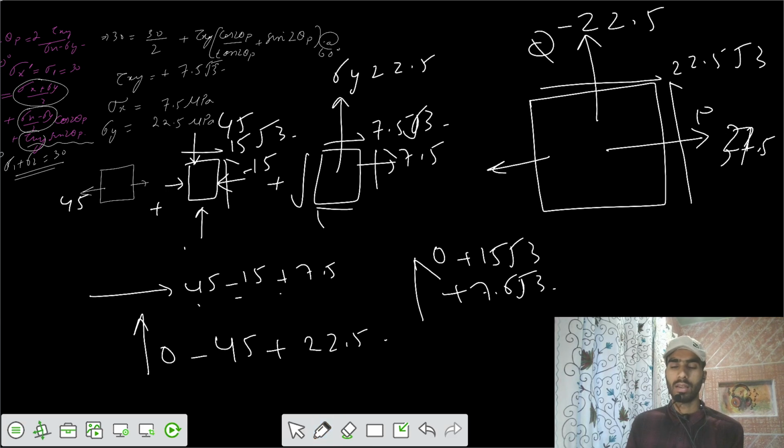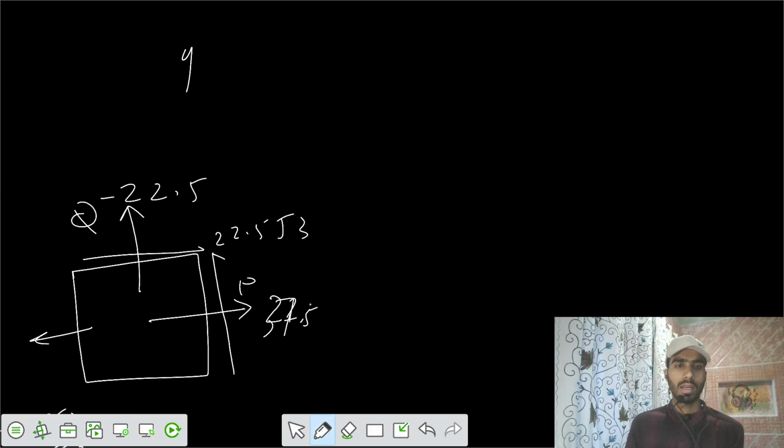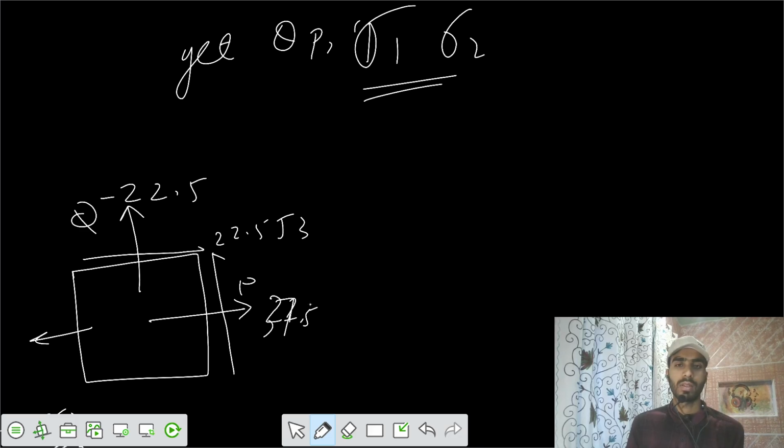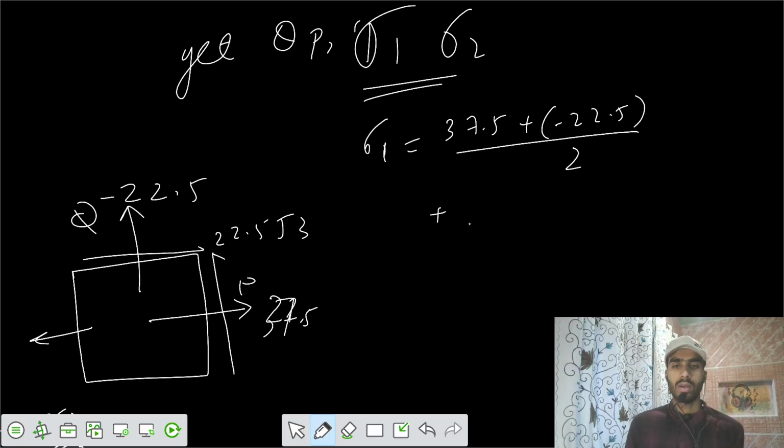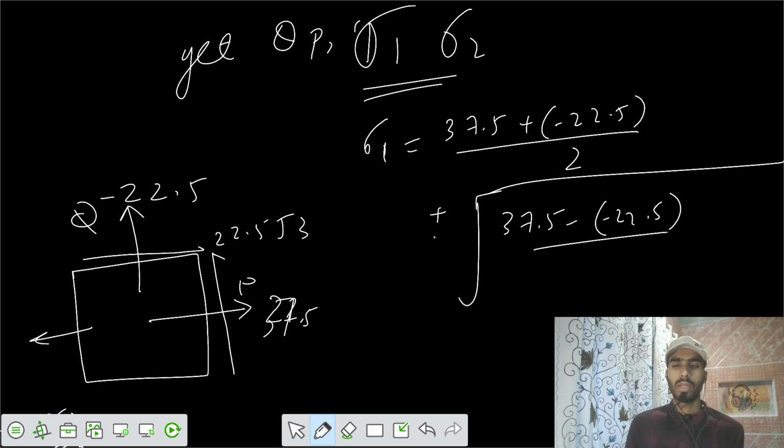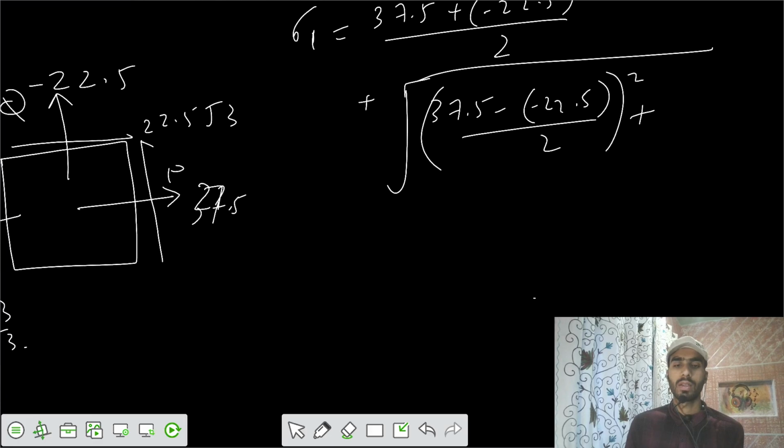Then now we can get the location of the principal plane and the stresses, the major principal stresses. So I would say major principal stress sigma 1 equals sigma x plus sigma y by 2 plus that radius tau max, that radius value of square root of sigma x minus sigma y by 2 whole square plus tau xy whole square.